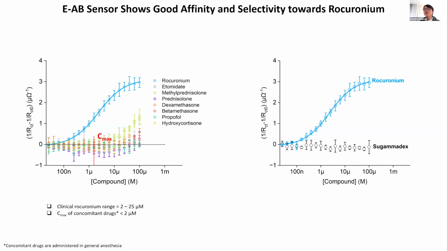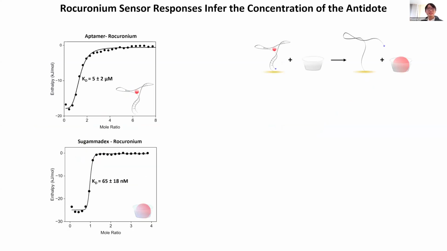The second question is how we can determine the antidote dose based on the measured rocuronium concentrations. Looking at the ITC results, the KD between aptamer and target is around 5 micromolar, and the KD between the antidote and target is around 60 nanomolar. This means the antidote should compete with the aptamer for the ligand at the binding site.